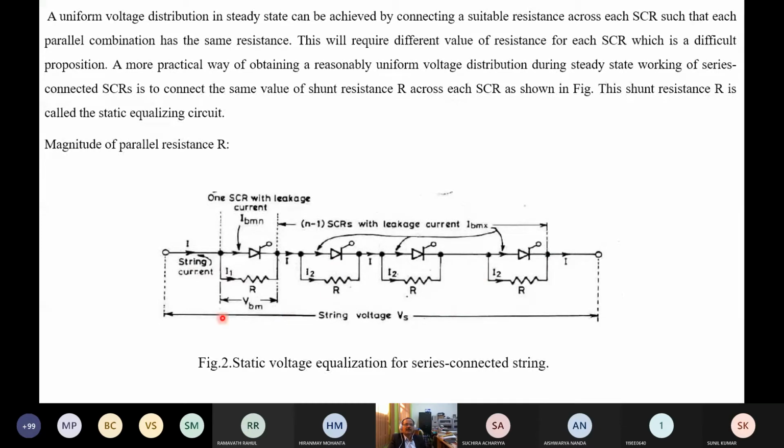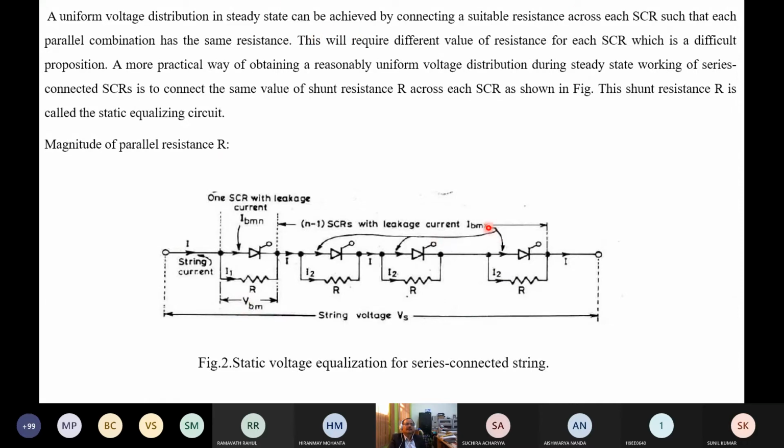Therefore, we will calculate a single resistance R, the same across each, and see that the non-uniformity of voltage distribution is minimized. It cannot be exactly equal, so that the string efficiency is 1, but string efficiency can be improved if the differences in the voltage distribution are minimized.